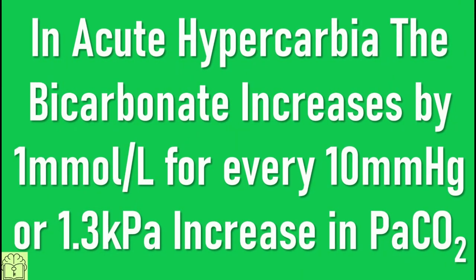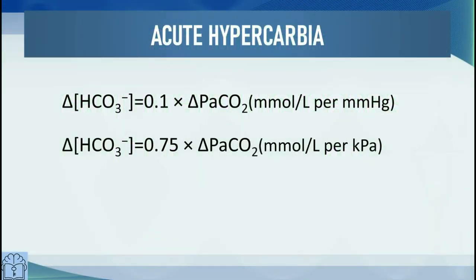In acute hypercarbia, the bicarbonate increases by 1 millimole per liter for every 10 millimeters of mercury, or 1.3 kilopascals, increase in the PaCO2. This is the calculation for how you do this.